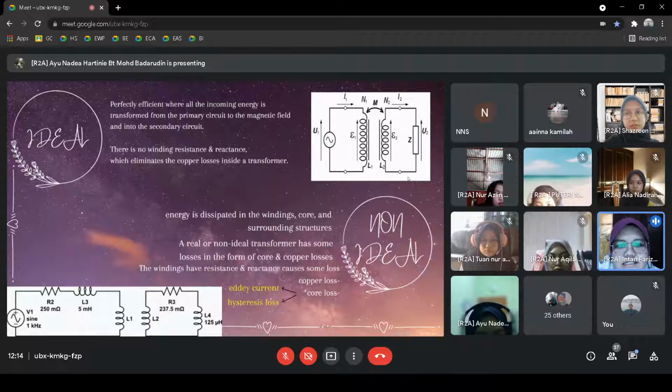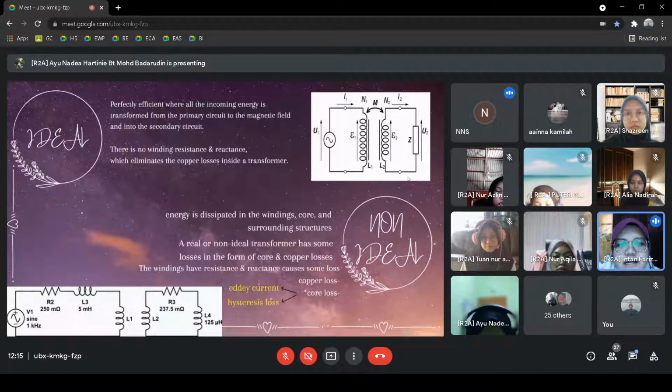In such a case, the efficiency of the transformer is 100%. It means there is no power loss inside the transformer. There is no winding resistance and reactance, which eliminates the copper losses. But in a real or non-ideal transformer, energy is dissipated in the winding, core and surrounding structure.